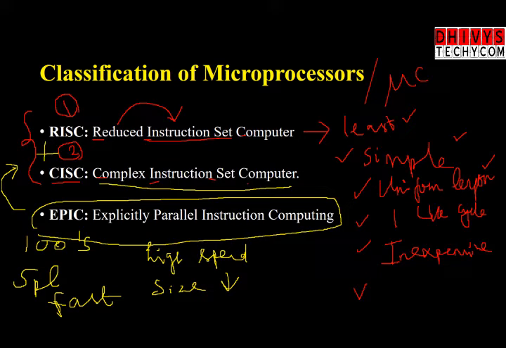The major key features of RISC and of CISC will be combined together to bring it up as EPIC. You'll be categorizing all the special features and combining them to form an EPIC system. The major point to keep in mind is that we'll have parallel processing.